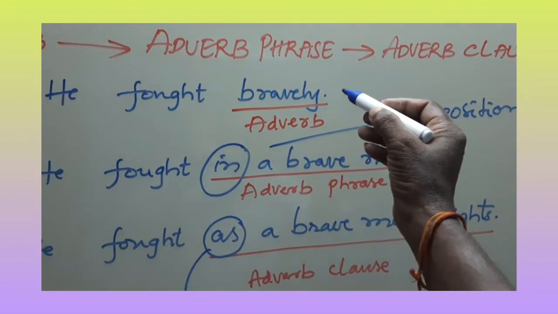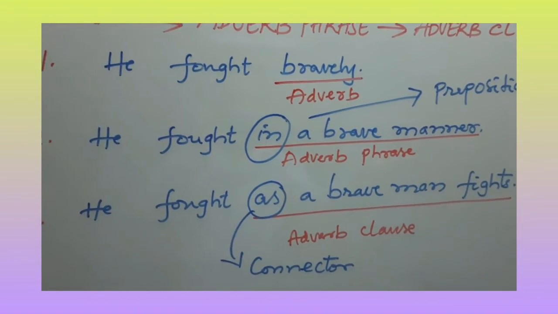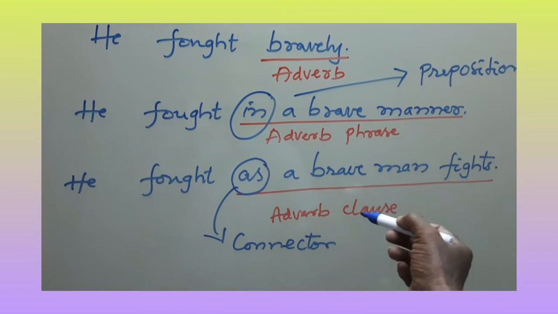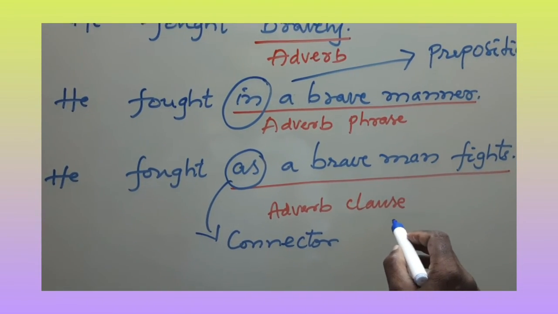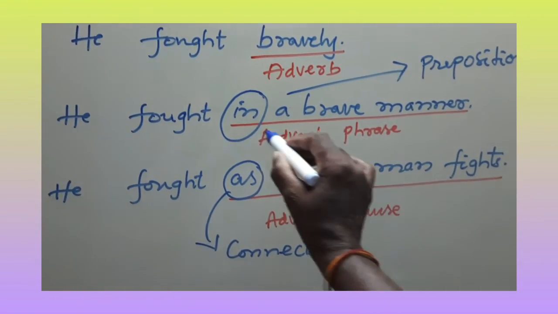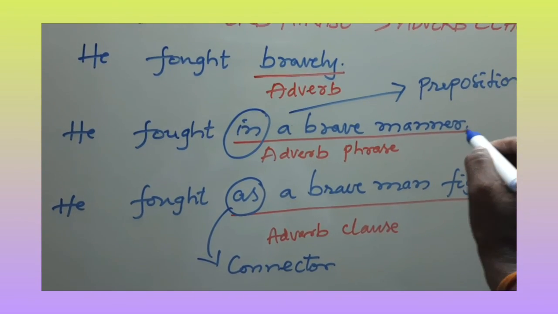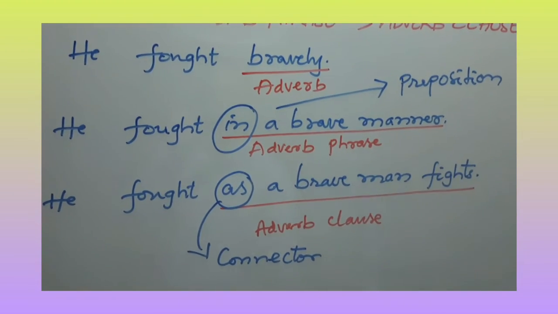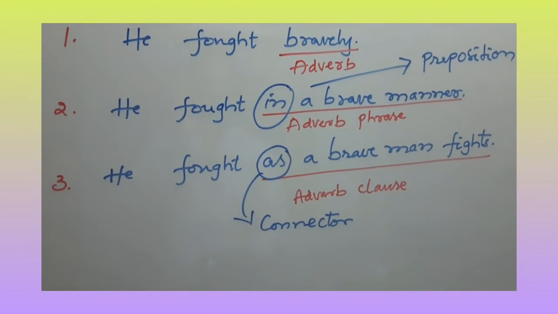The adverb bravely is converted into an adverb phrase along with the preposition, and the adverb or adverb phrase is converted into an adverb clause. As is a connector. This is used with a manner. So it is an adverb phrase, adverb clause.